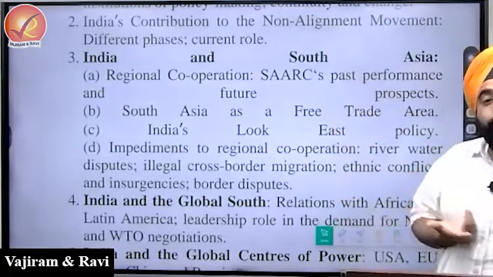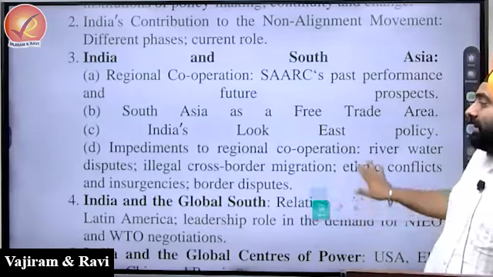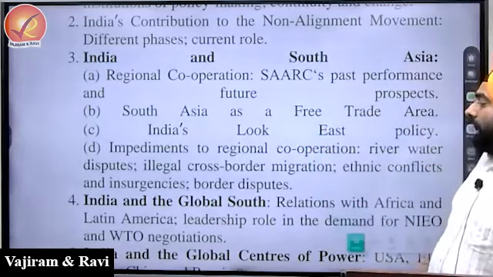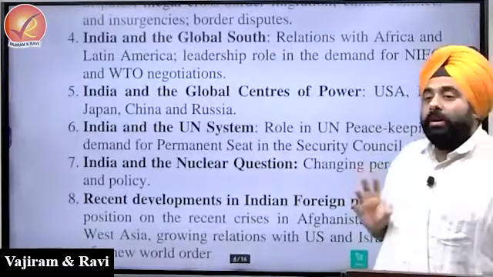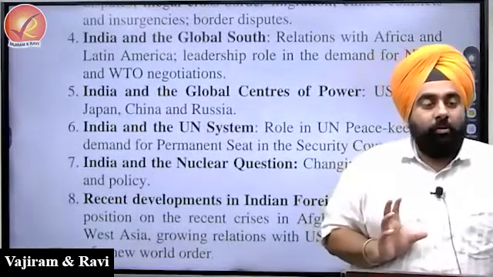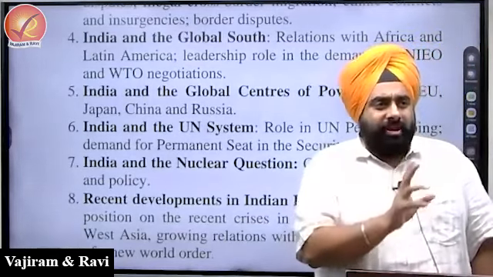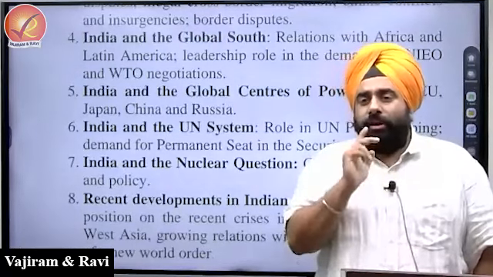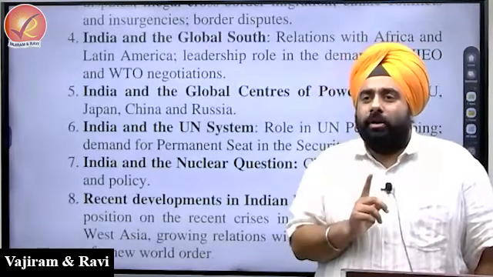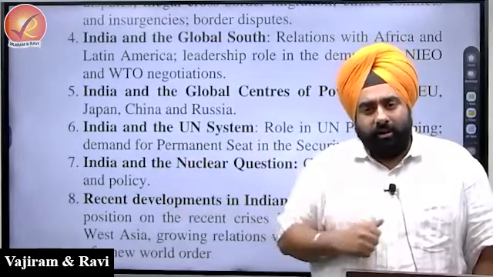This is the region which we belong to. Then the next is India and Global South. I hope you know what is Global South. The world is divided into these two components, Global North and Global South. Majority of the rich industrialized capitalist countries of the world are in the Northern Hemisphere. Therefore, rich and developed countries of the world are referred to as Global North.